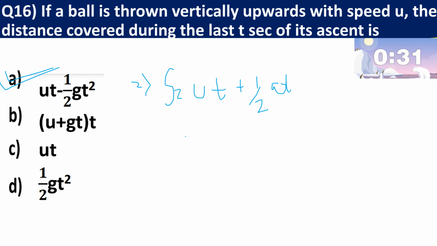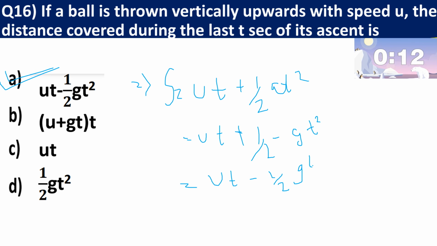Now, if the initial velocity is u, the time will be t, plus half of minus g t², because the acceleration is -g. So it will be ut - (1/2)gt². So our answer will be this. So option A is your answer.